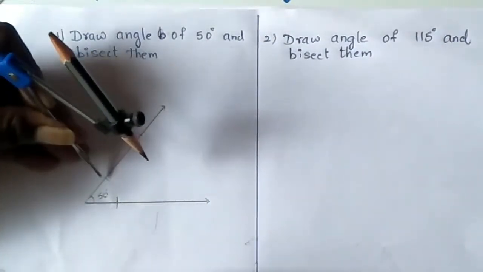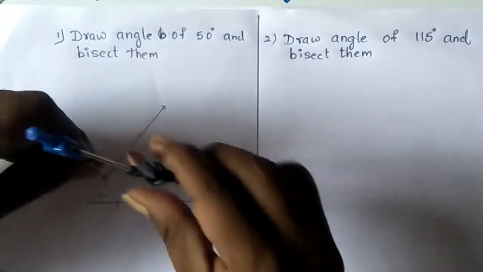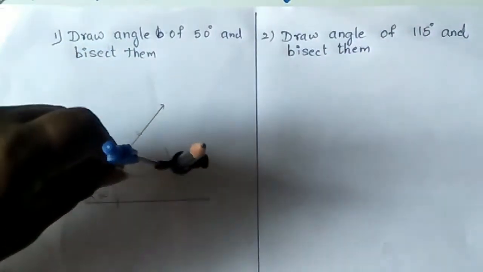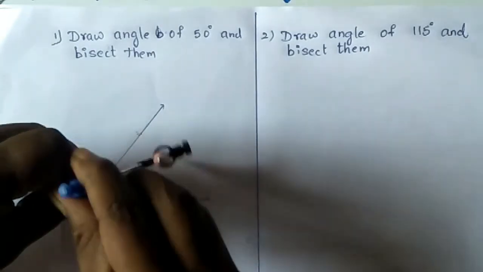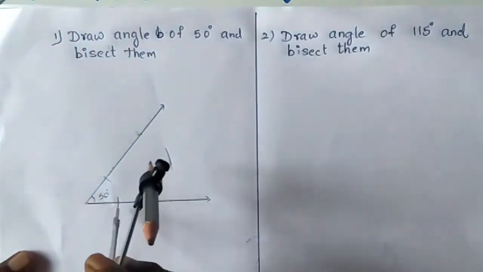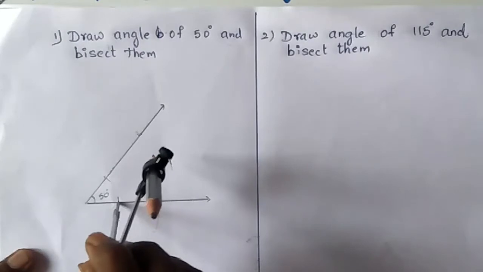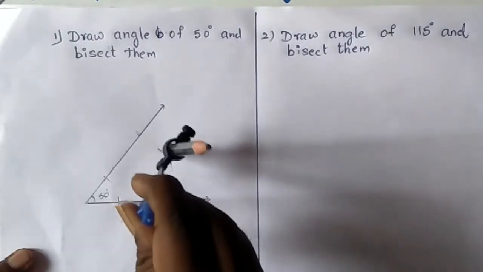Again, from the arc which you have made, form another arc here. With the same measurement, form one more arc from this side.